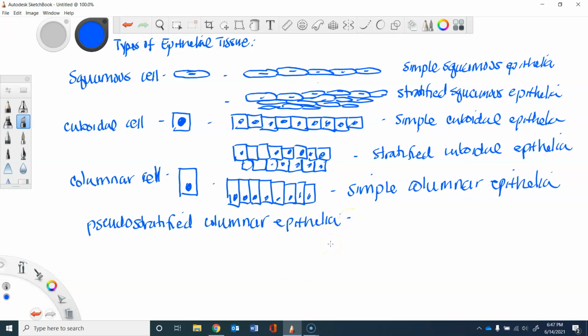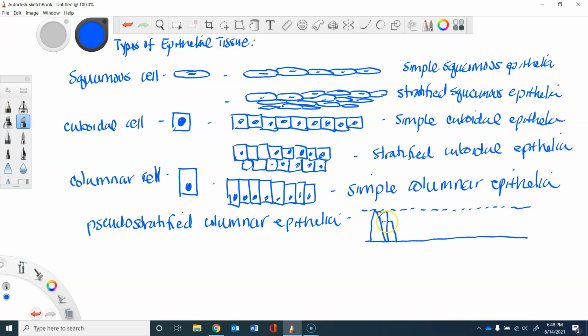And in pseudostratified columnar epithelia, we have a basement membrane, so I'm just going to kind of draw that out right here. And all the cells are attached to the basement membrane. But up here on the apical side, not all of the cells reach the apical surface. Some of them do, but a lot of them don't. So it's going to look a little strange.